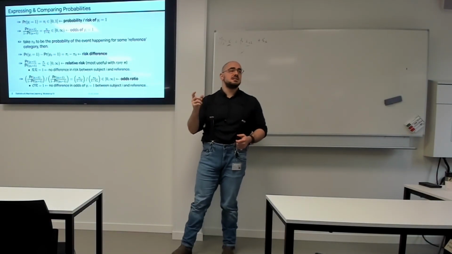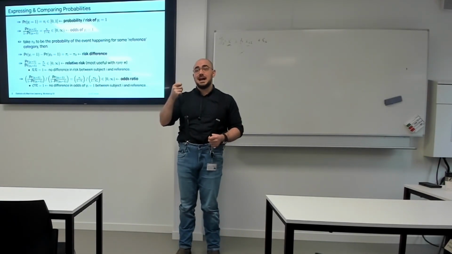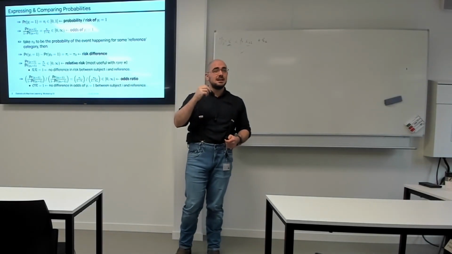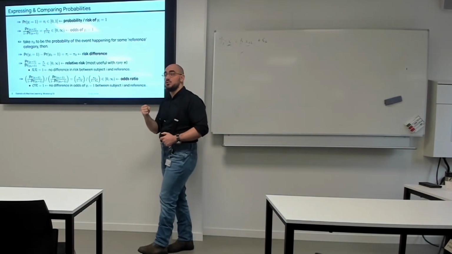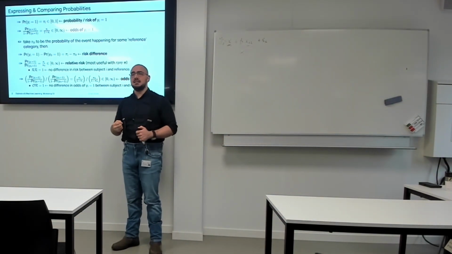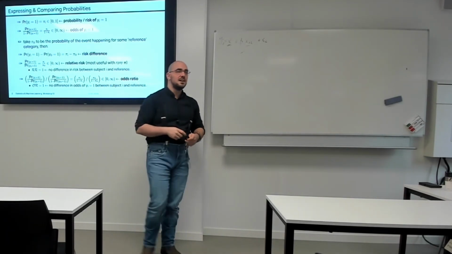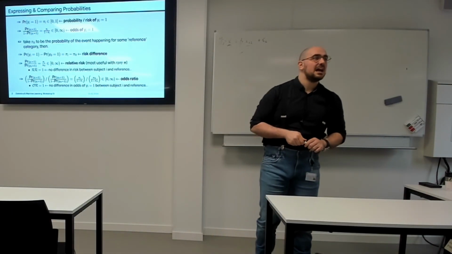The risk difference gives me a difference of 1%, but actually you are twice as likely as the reference to develop the disease, right? So when the event is quite rare, it is useful to work with relative risk as opposed to risk difference. Does that make sense? Who's confused? Nobody's confused.